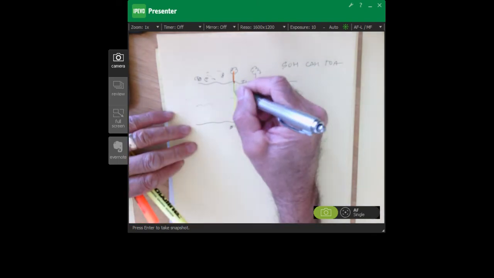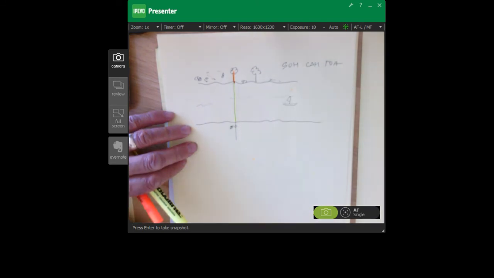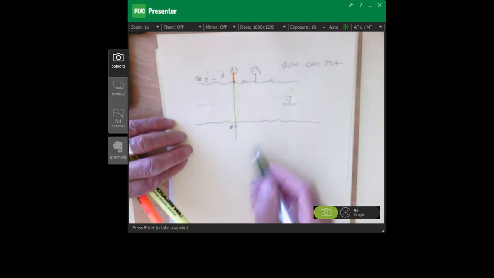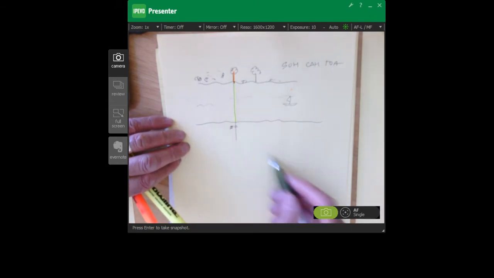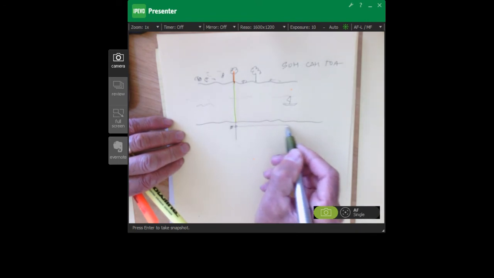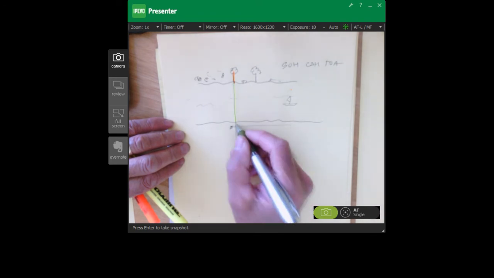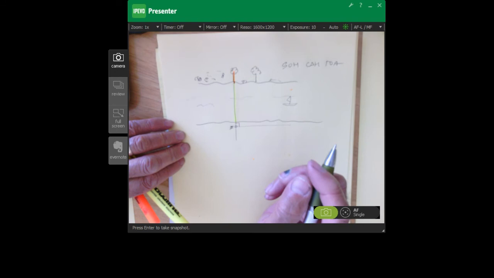So there's straight across that river, and I'm looking straight at that tree. And from here, I can go anywhere I want. I can go this way, this way. I'm going to move straight down the river like this. And the reason I'm going to do that is that by doing so, that forms a 90-degree angle.